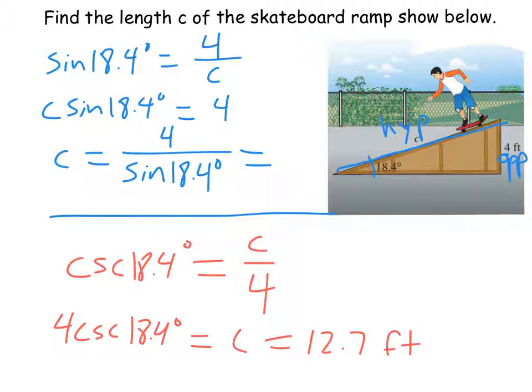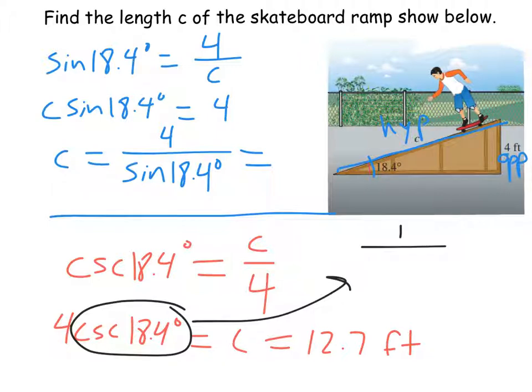One final word with this problem: you would have to go to the calculator. Don't forget, if you want to do cosecant of 18.4 degrees, you would need to type that in as 1 divided by sine of 18.4 degrees. But either method here is going to get you the same answer of about 12.7 feet.